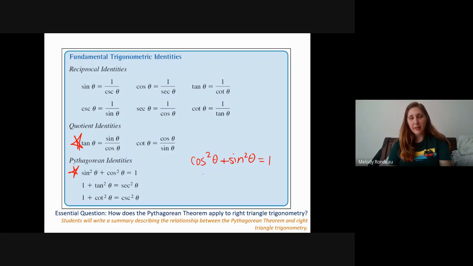So if I replace cosine with x, and sine with y, I get x squared plus y squared equals 1, which is the Pythagorean theorem for the unit circle. That's your equation for the circle when the radius equals 1. So it's really the Pythagorean theorem just with trig functions. Any questions before we go on?